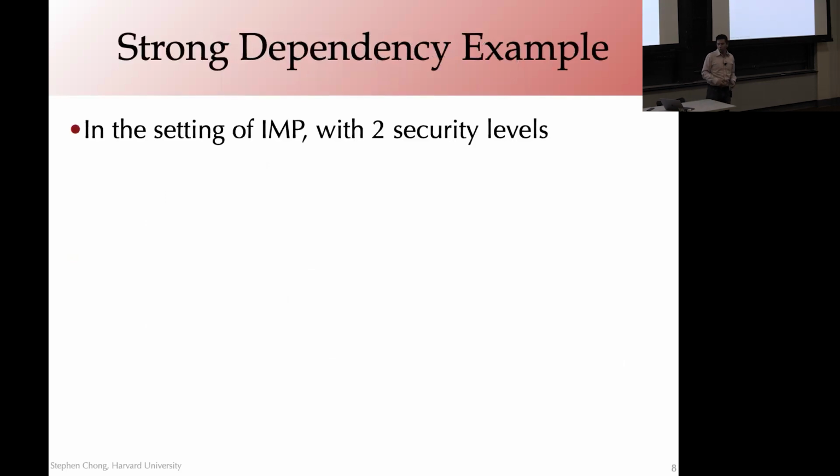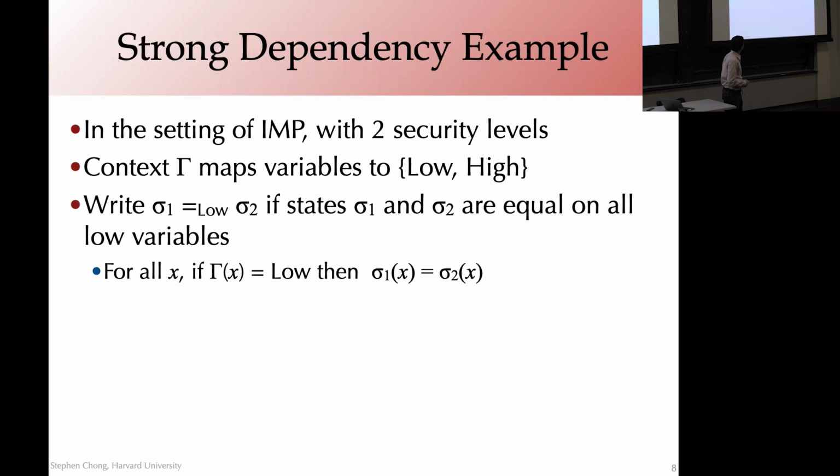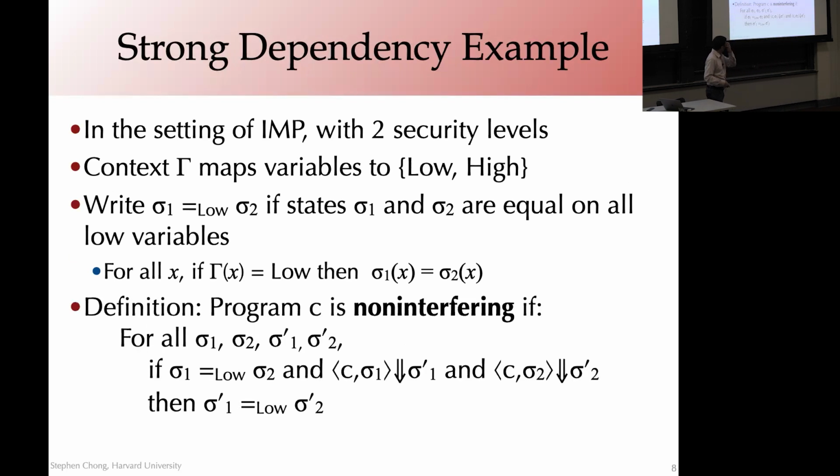Okay, so we actually saw an instantiation of this yesterday with our definition of non-interference in the setting of IMP with two security levels, high and low, a context that maps variables to high and low. Based on this definition of low equivalence, two stores being low equivalent when they are equal on all of the low security variables, we were able to define non-interference.